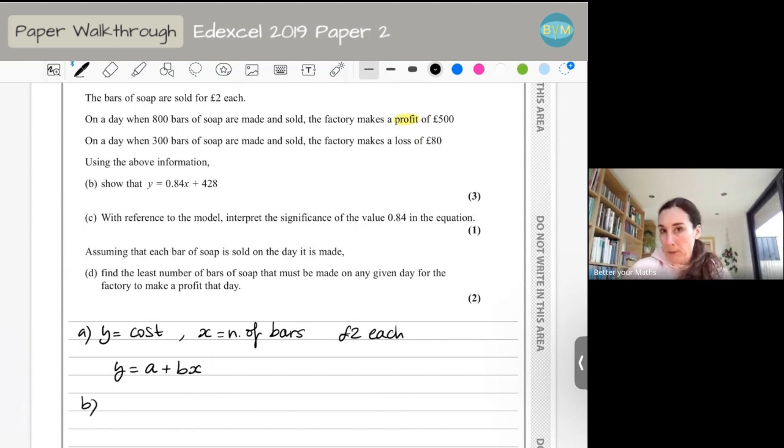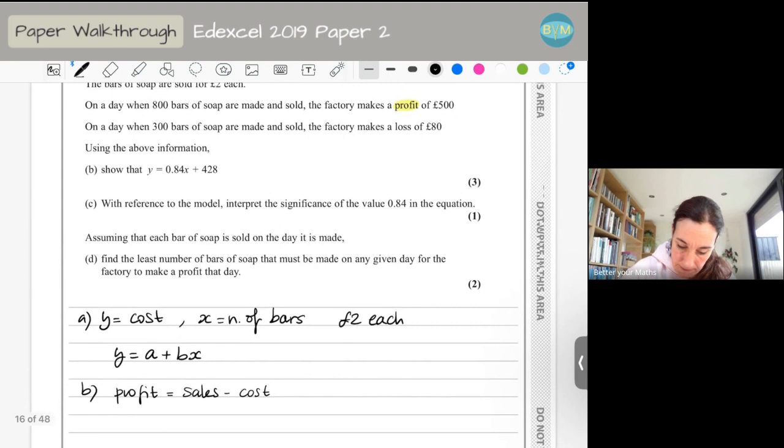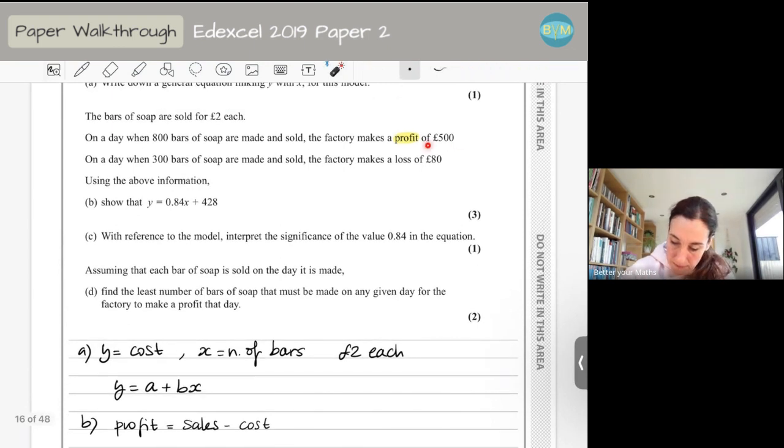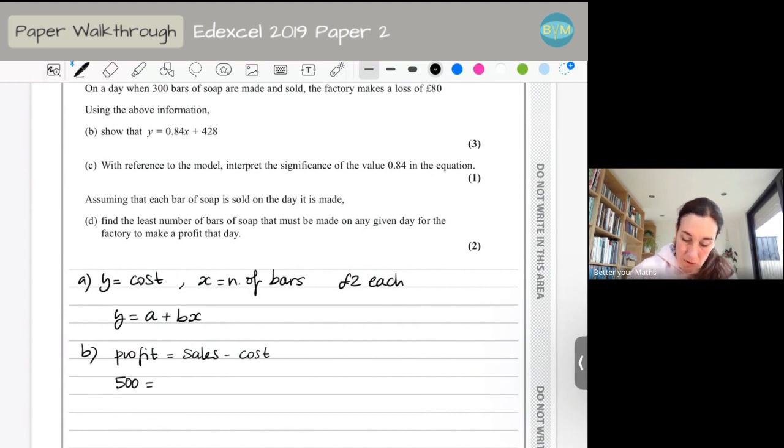So let's see if we are able to write some information. The profit is going to be the sales minus the cost. You see how much money you get and you subtract the money that you lose because you are producing the thing. In this case, the first one says the profit is 500. So the profit 500 is going to be the sales, all the money that comes in.